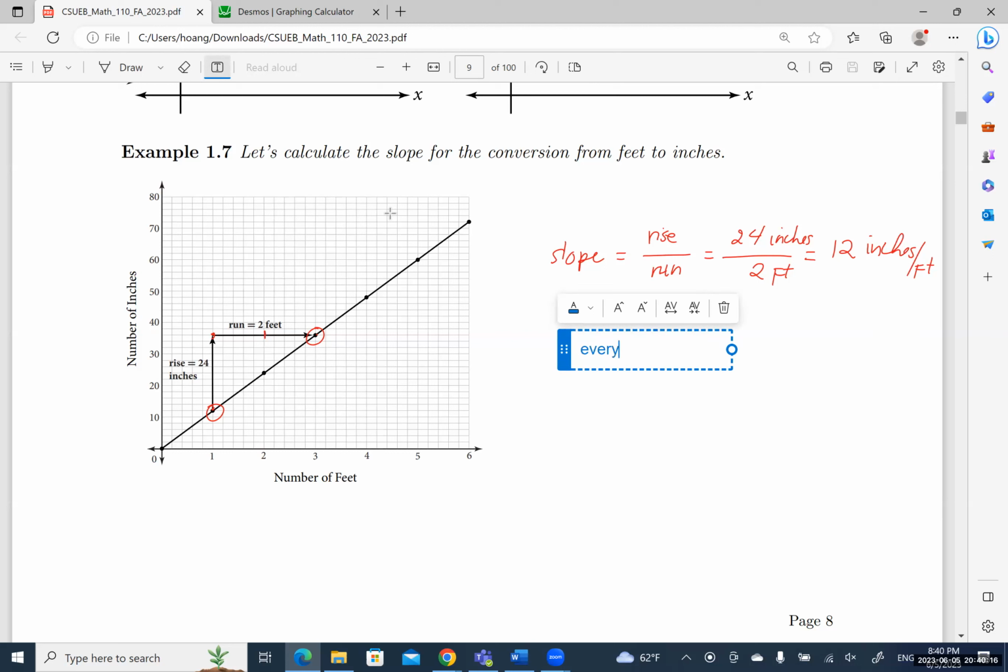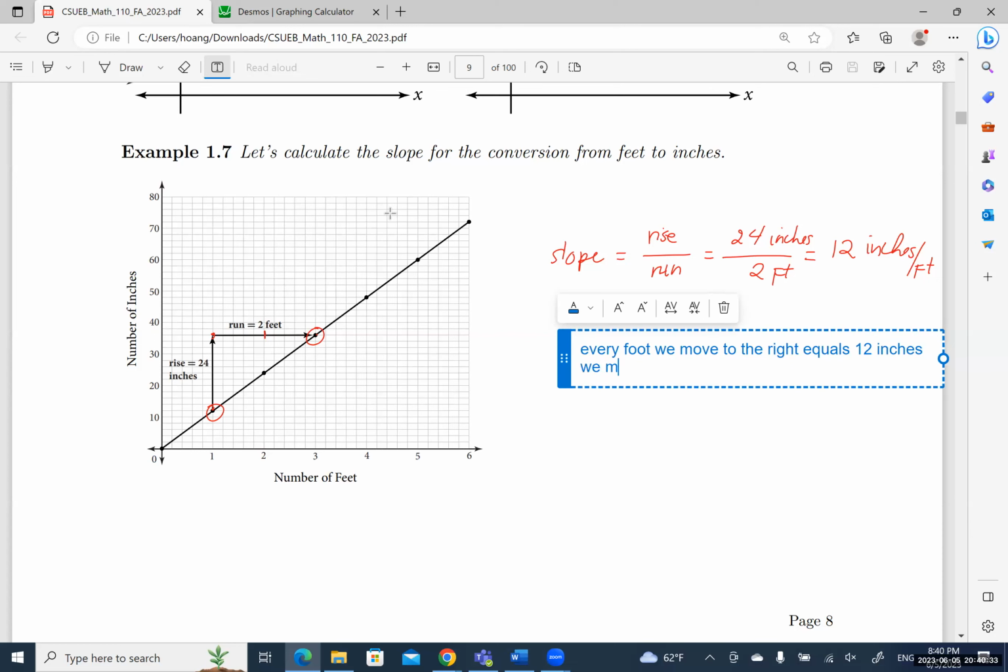I would say every foot we move to the right equals 12 inches we move up. Okay.